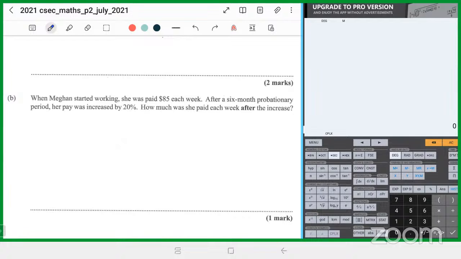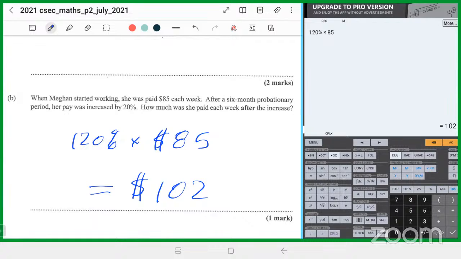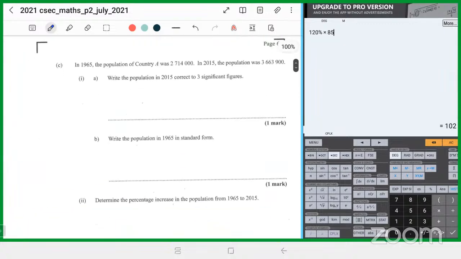You can just calculate 120% times the amount that she was earning, which is $85. And that is the new amount that she's earning. 120%, not 125, 120. 120% times 85. That's $102. She's now earning $102 per week. So we can write per week right here. Make sure it's per week they want. Done. 1 mark for that. We want the 1 mark. Next question.